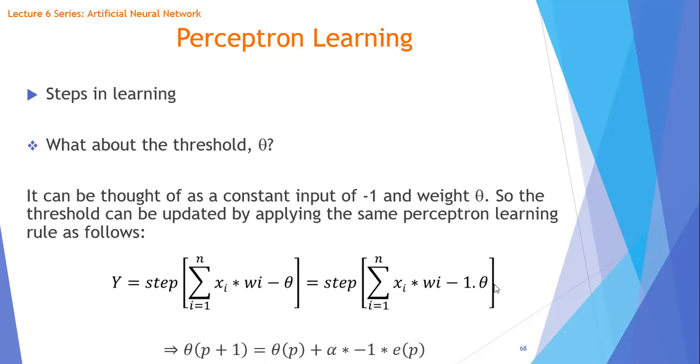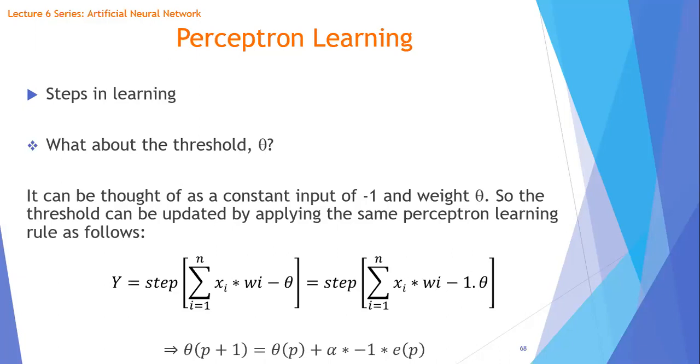So if we do a small change here, which may seem trivial, just like your weight was multiplied by input, if we take that 1 times theta, we're saying now your input for a threshold is -1, and theta becomes a weight. So if you compare this expression here, x times wi and 1 times theta, we're saying now your input for a threshold becomes -1, and the weight becomes theta.